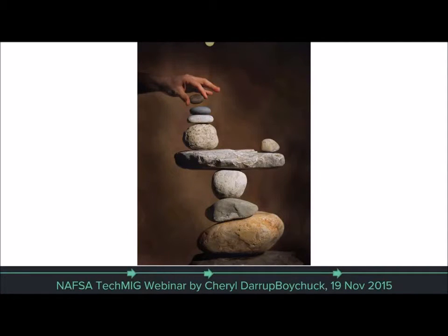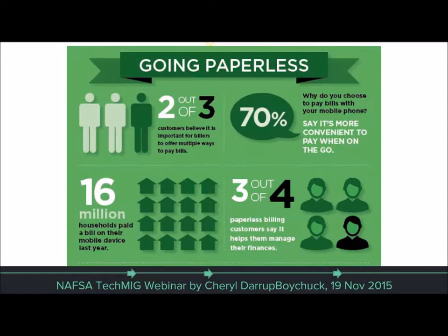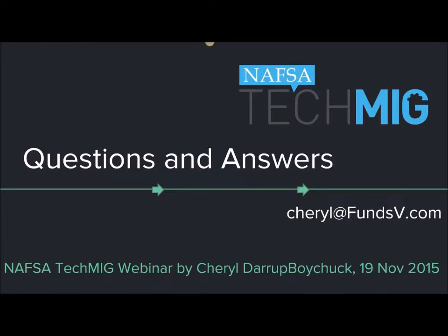And that balance, of course, is always a moving target. So yes, paperless is possible, and we're certainly heading in that direction. Here are some sample statistics from a public service company in Oklahoma, which I think are pretty indicative of positive trends toward paperless transactions. So I am happy to take any questions.